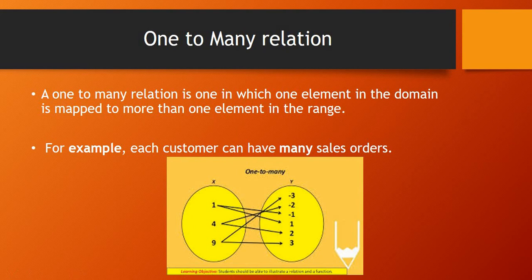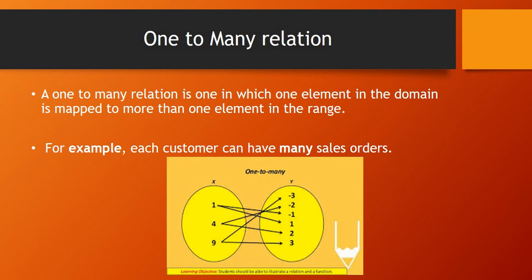One-to-many relation. A one-to-many relation is one in which one element in the domain is mapped onto more than one element in the range. For example, each customer can have many sales orders.